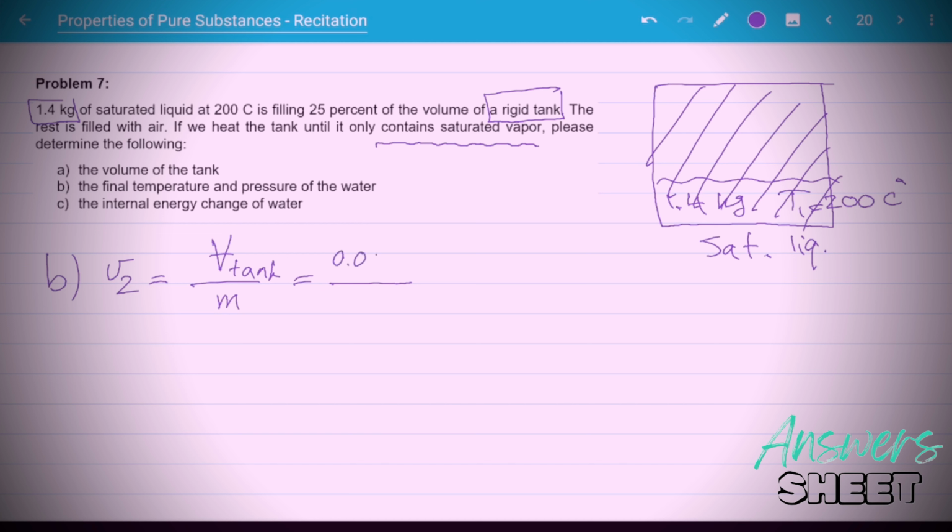So if you plug in numbers, the volume we already know from part A, and the mass is 1.4, we get that the specific volume at final state is 0.04628 meters cubed per kilogram.